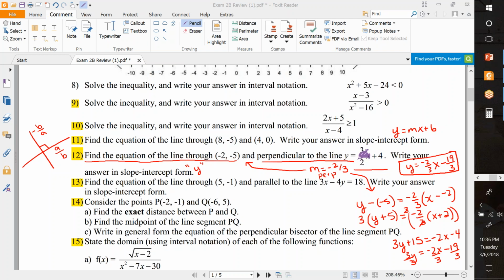That's for perpendicular. But you have to change the sign too. It's not just the reciprocal. So if this had been a -3/2, we would have used +2/3 as our perpendicular slope, and then you just go through the same motions as before. You use your point slope formula. Are we okay with 12? Do we feel like we're ready to move on to 13?